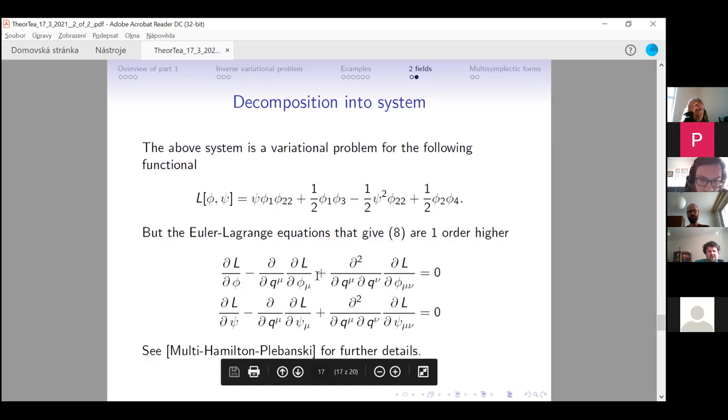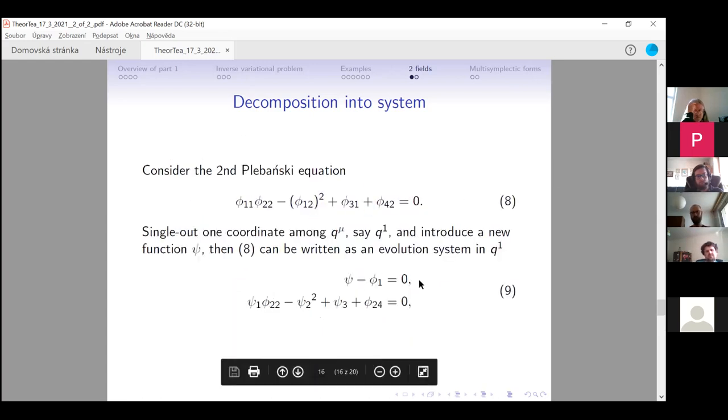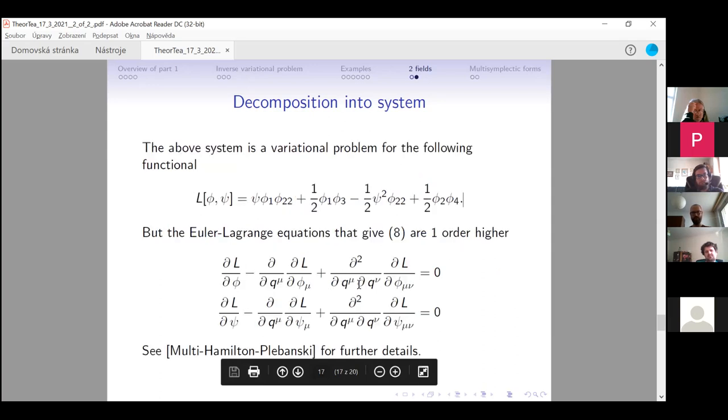And this system has Lagrangian. And this is the Lagrangian. But the Euler-Lagrange equations that give 8 are 1 order higher. If I want to reproduce from this Lagrangian this system 9, which is equivalent to 8, I need to use 1 order higher derivatives.